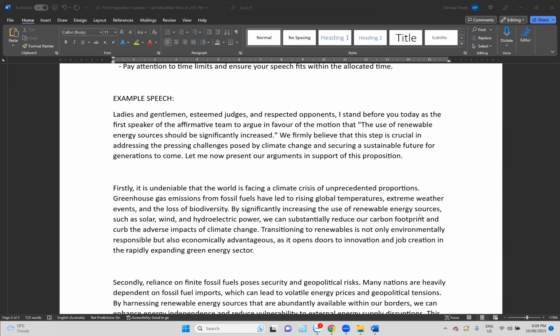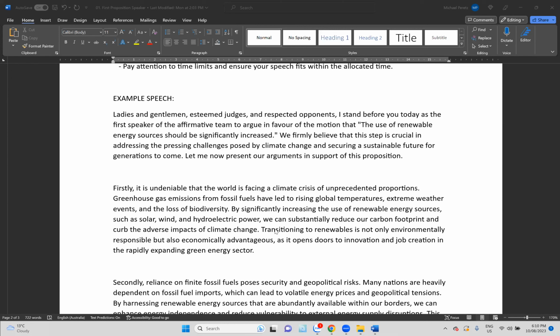By significantly increasing the use of renewable energy sources such as solar, wind, and hydroelectric power, we can substantially reduce our carbon footprint and curb the adverse impacts of climate change. So again, in this speech, we're using examples as evidence here. So we're suggesting solutions, the types of renewable energy that we can use.